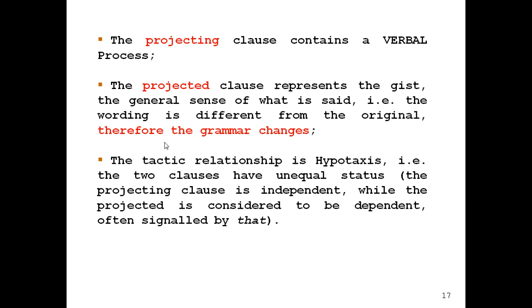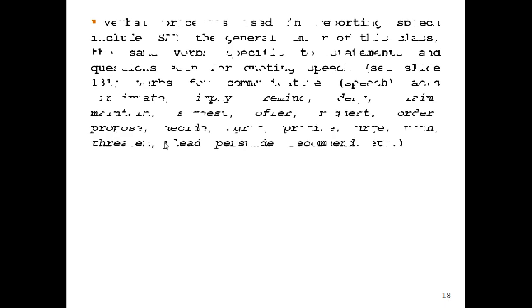So the relationship of dependency is no longer one of parataxis because the projected clause cannot stand alone. These are two clauses of unequal status. So in this case, when reported ideas and locutions are involved rather than quoted ones, the projected clauses are dependent. They're not independent as they are when they are shown in inverted commas.